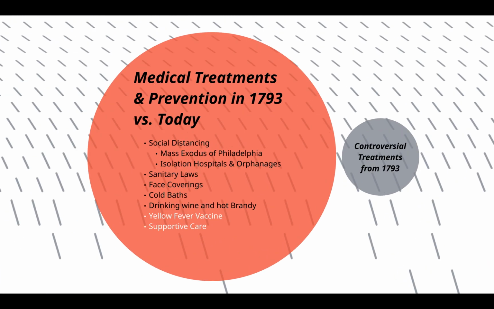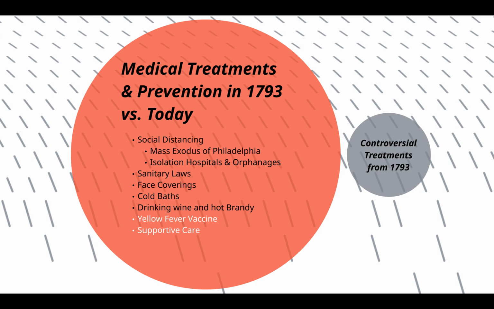Now, when looking at medical treatments and prevention in 1793 versus today, we see that in 1793 there was a lot of social distancing. That means no more handshaking. There was also a mass exodus of Philadelphia, which I touched on before, and there were isolation hospitals and orphanages.